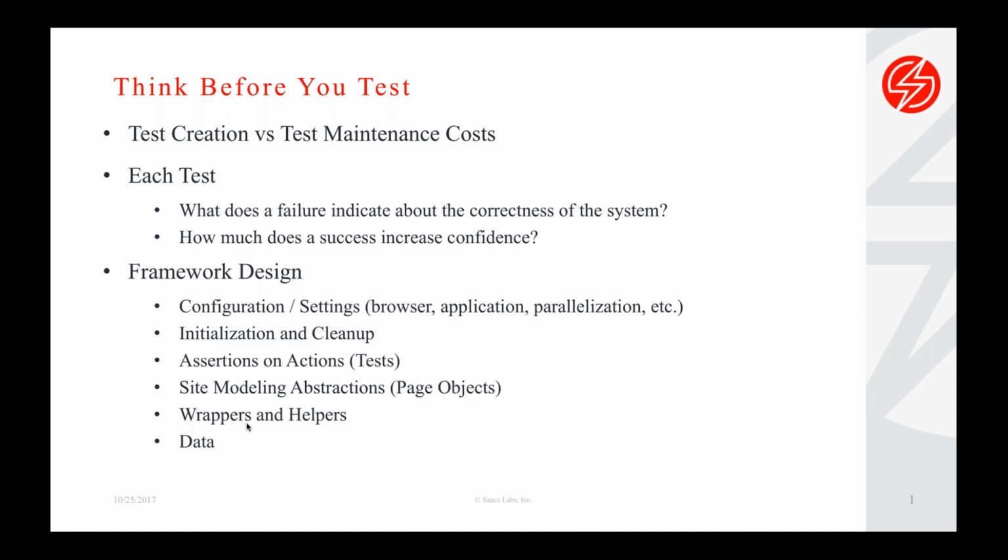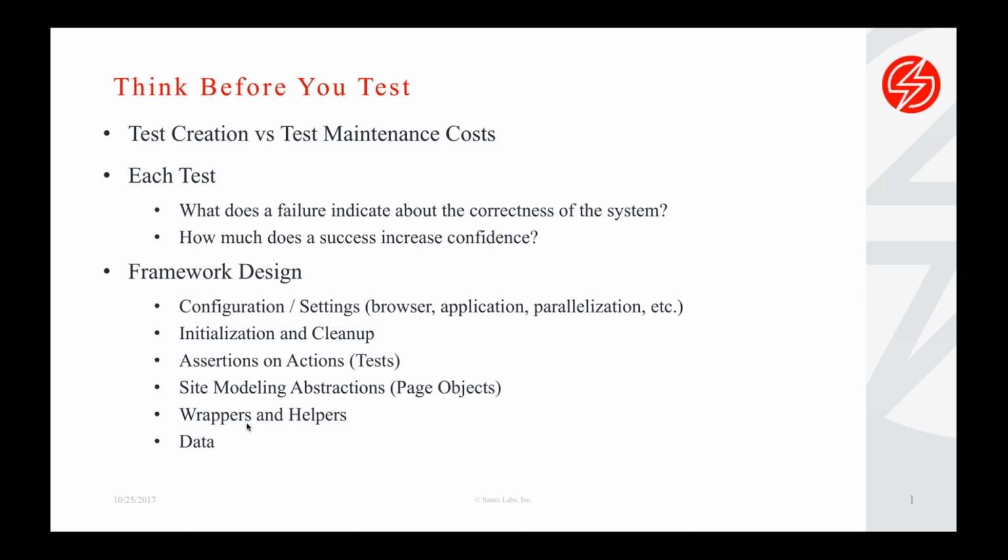So another aspect of this is framework design. This goes hand in hand with test design, as far as the approach of thinking ahead of time about how to structure things so that you're getting the most value for the least pain and effort. And here are 6 different components to a good framework.